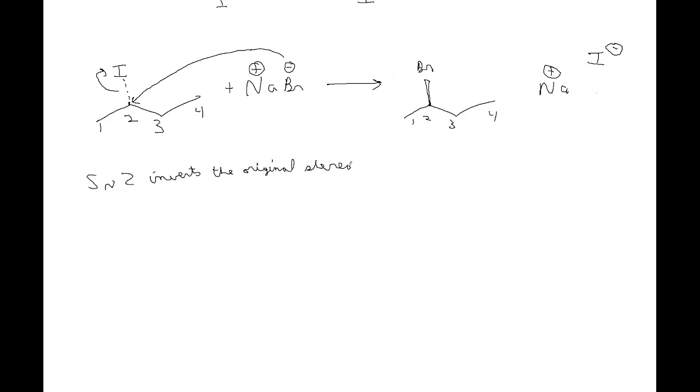That doesn't exactly mean that you have to go from R to S, because the priorities might change when you change the groups. But spatially, it's going to invert the stereochemistry. In space, things are going to be in opposite positions after SN2. SN2 inverts the original stereochemistry.